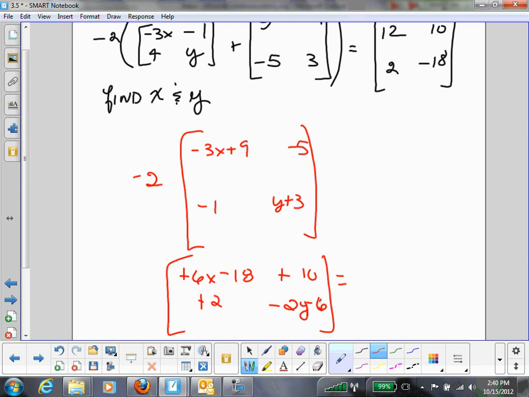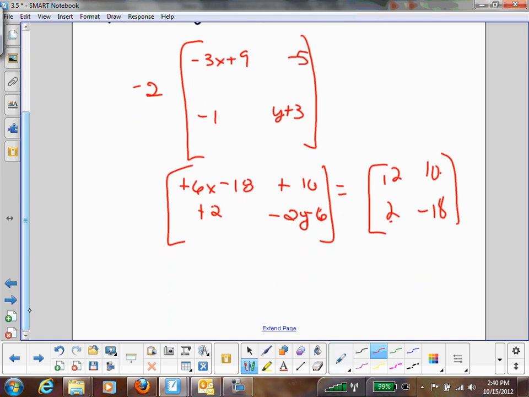To see how this one works the way it should be? In other words, this is 10 and so is this one, right? That they match up. And this is positive 2 and so is this one. So that means we should set 6x minus 18 equal to what?